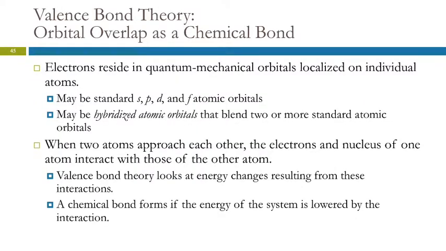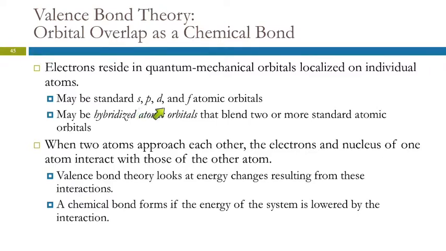So valence bond theory treats a chemical bond as being an overlap between orbitals. Just a review in case you've forgotten: the quantum mechanical model of the atom has electrons residing in orbitals. Those orbitals are localized on individual atoms.